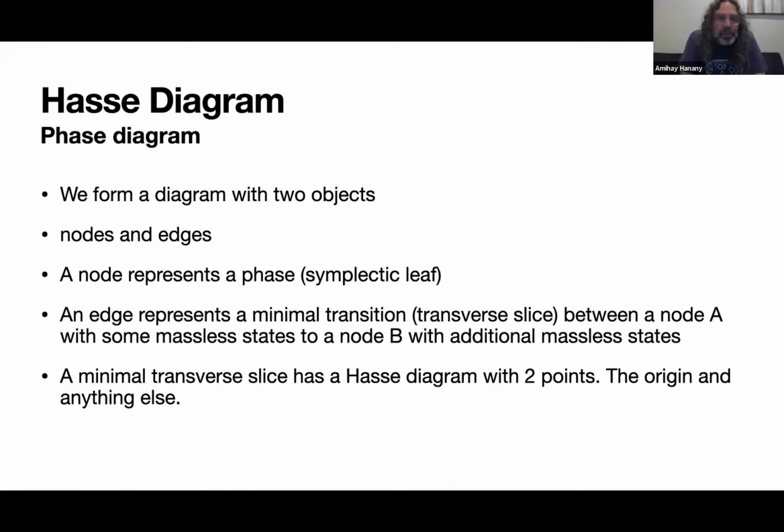Mathematically, what we do is this Hasse diagram is made out of two objects, nodes and edges, and each node represents a symplectic leaf, whereas each edge describes a degeneration to a lower dimensional leaf.